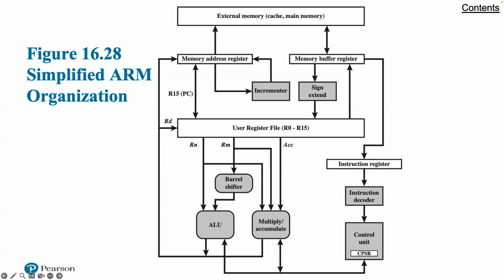ARM data processing instructions typically have two source registers, Rn and Rm, and a single result or destination register, Rd. The source register values feed into the ALU or a separate multiply unit that makes use of an additional register to accumulate partial results. The ARM processor also includes a hardware unit that can shift or rotate the Rm values before it enters the ALU.